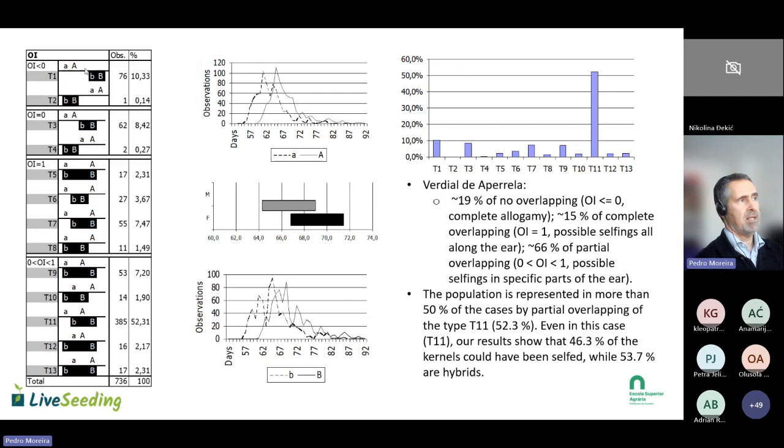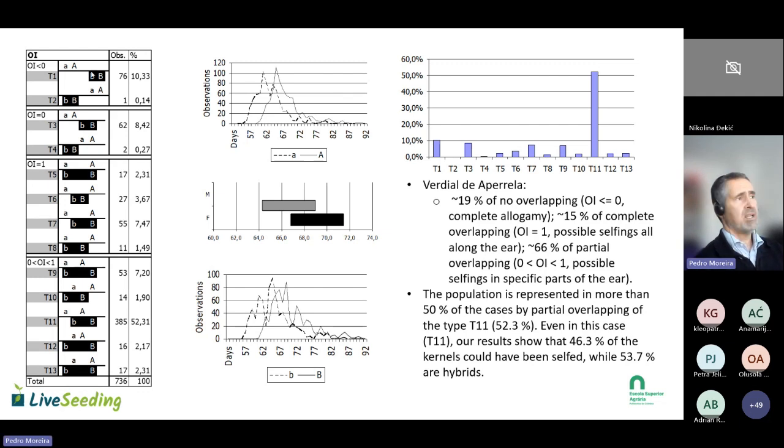It means that the seed obtained here, because this is the female, the seed obtained are all obtained by allogamy. But in this case, for instance, you have a full overlapping. It means that you can have pollen from the same plant or pollen from other plants.